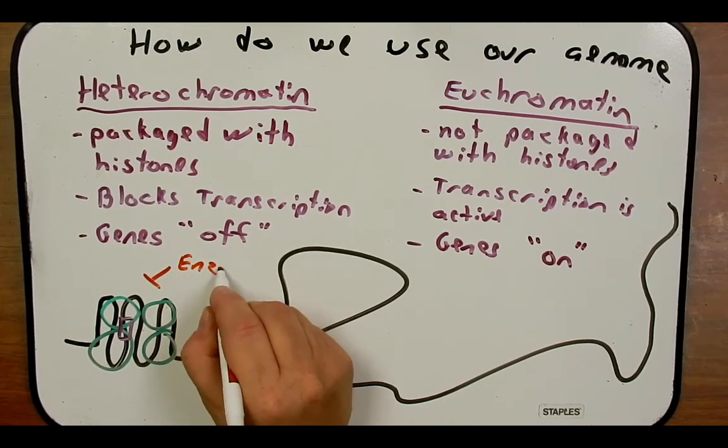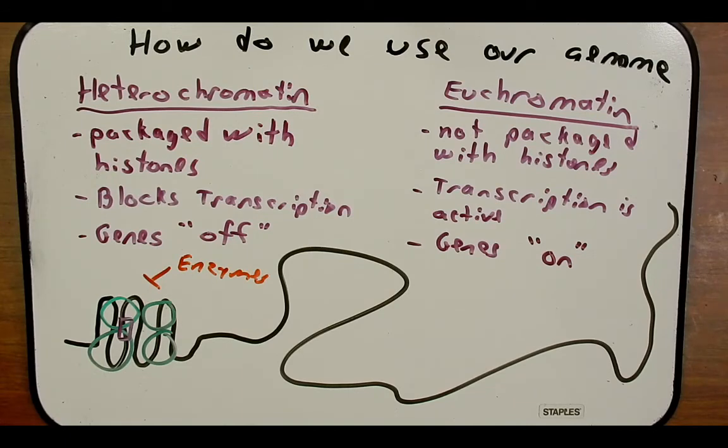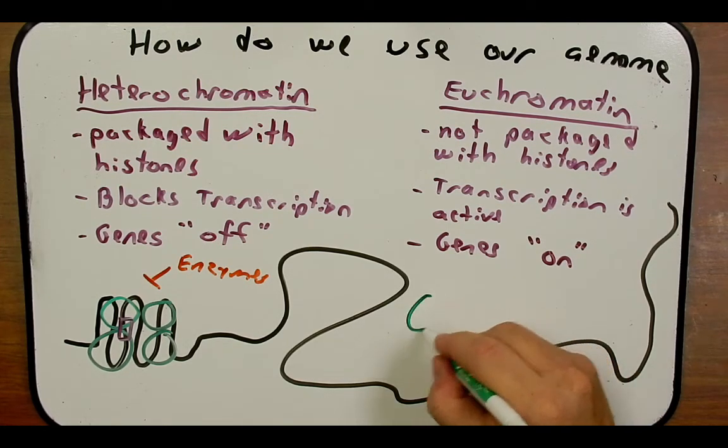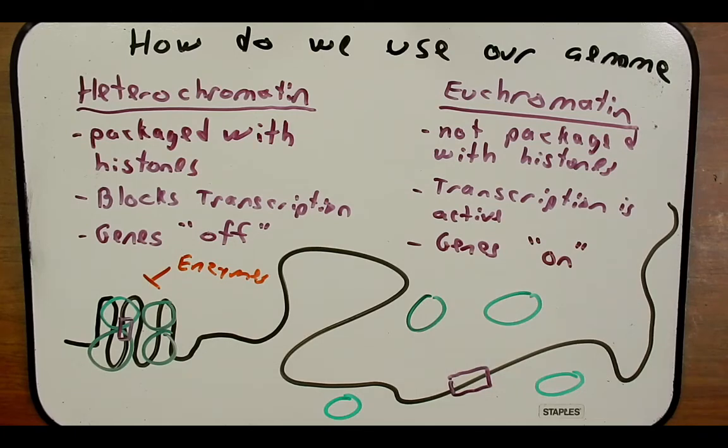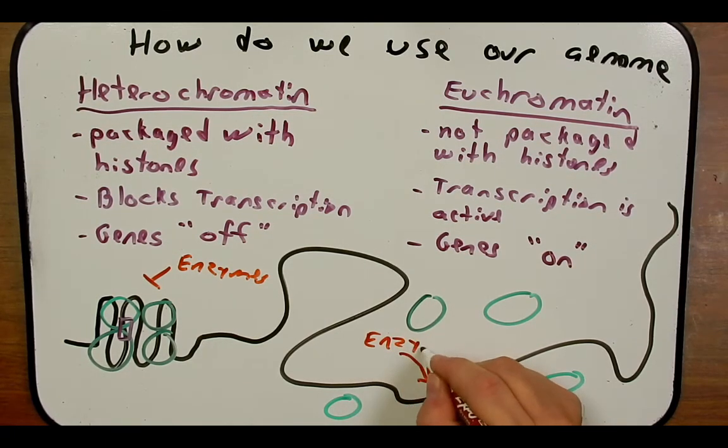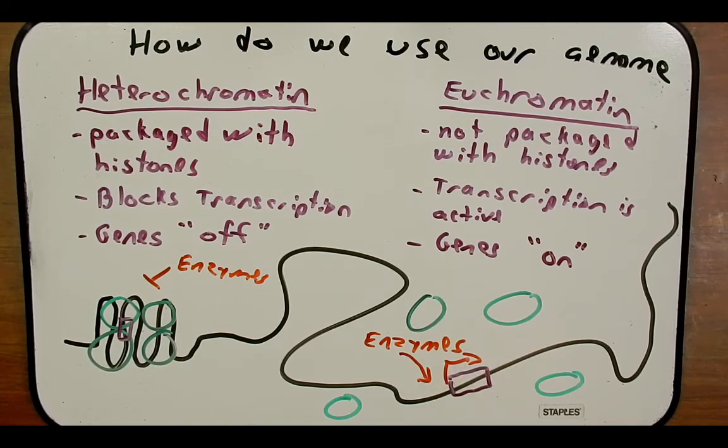So enzymes do not have access to the gene. Whereas if you had a gene over here in the part that's euchromatin, and our histones have fallen off, like so, enzymes that would like to have access to this gene now have access to the gene, and they could turn this gene on now.